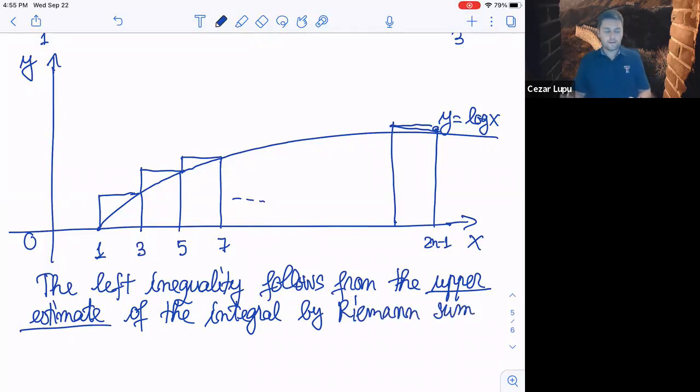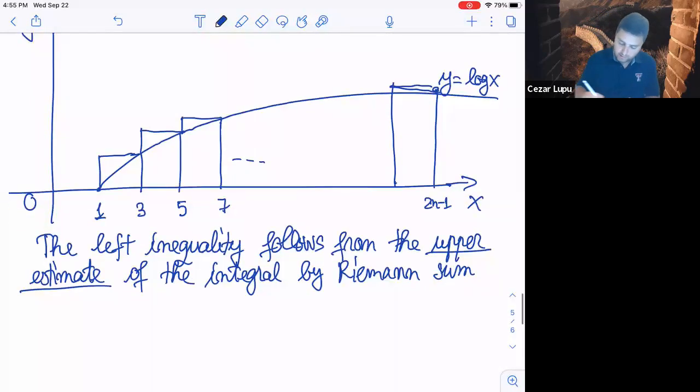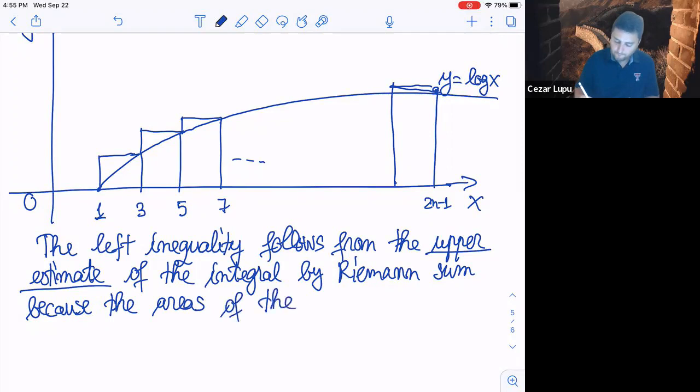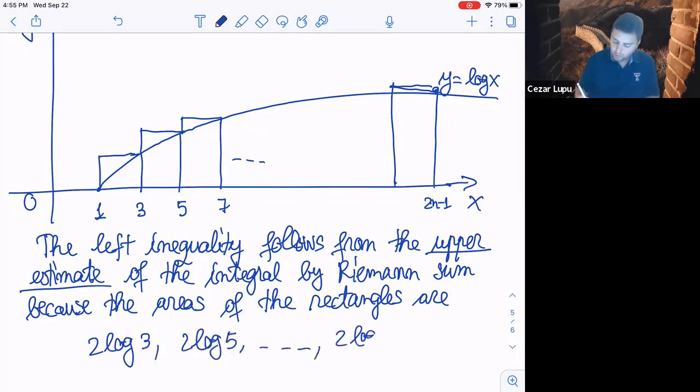Because the areas of the rectangles are, the first one will be 2 log 3, 2 log 5, and so on, 2 log(2n minus 1). So that will be the upper estimate.